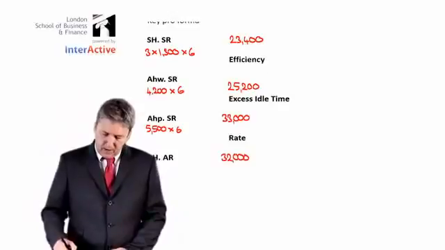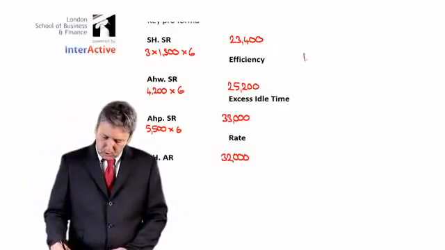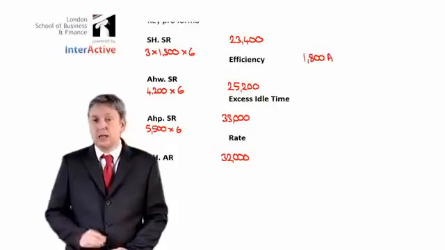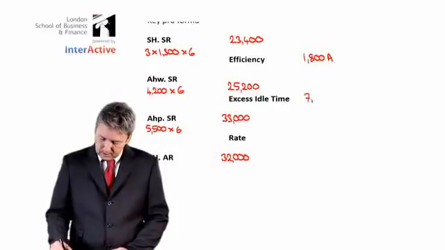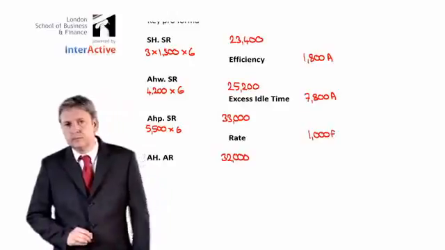So, the efficiency variance, top minus bottom, 1,800 adverse. Adverse because it's negative. Excess idle time variance, top minus bottom, 7,800 adverse. And the rate variance, 1,000 favourable.